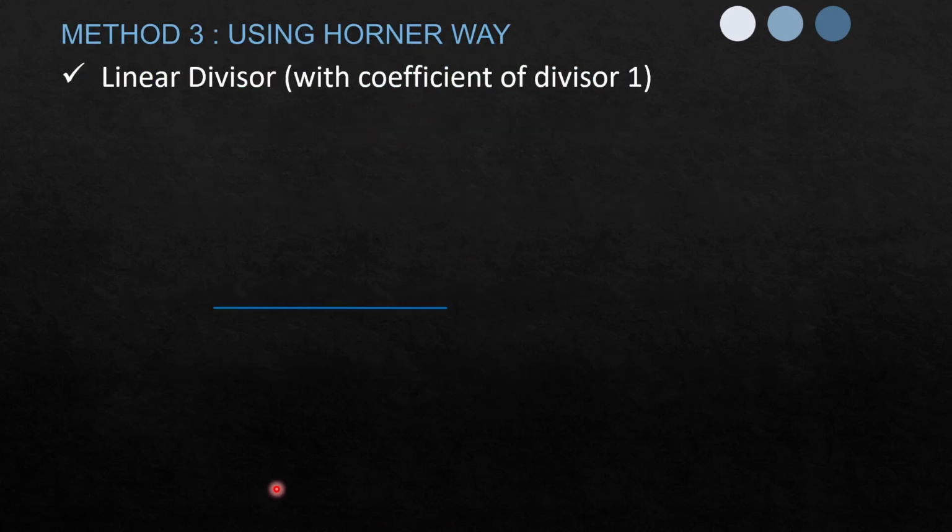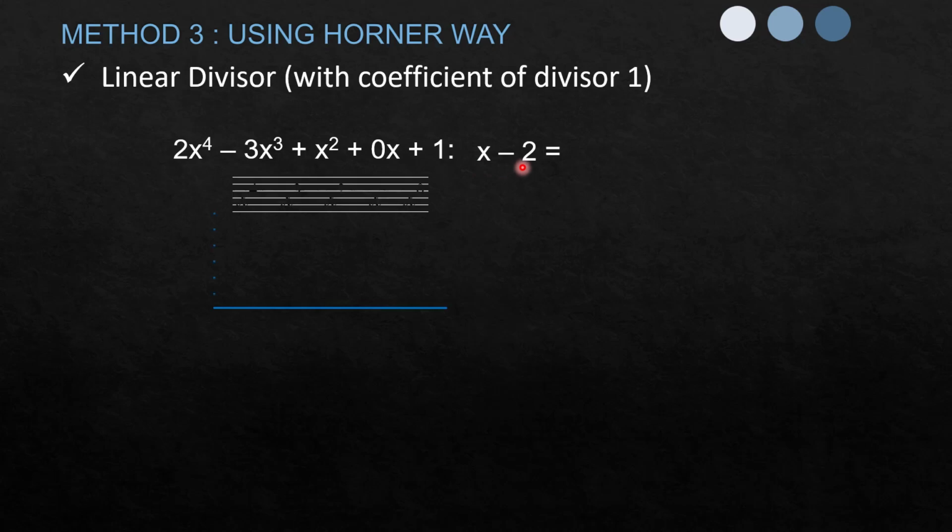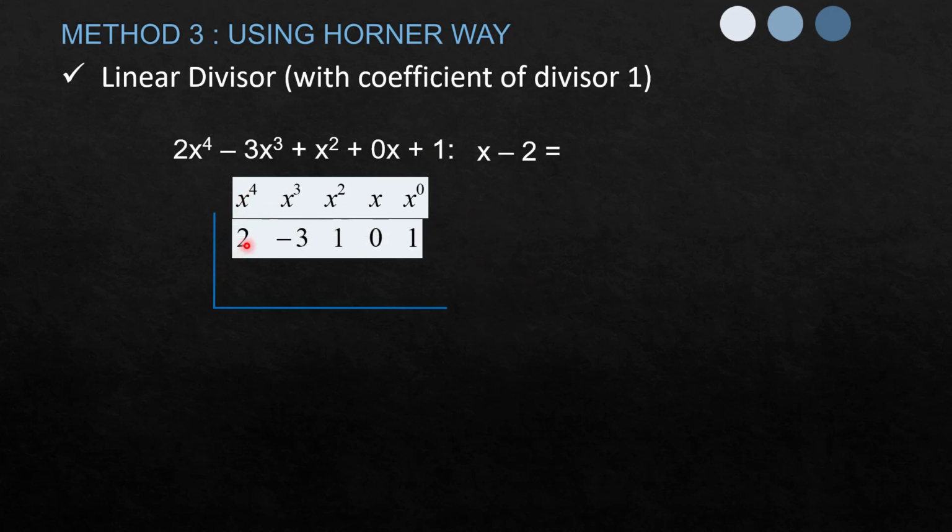So, suppose 2x to the power of 4 minus 3x cubed plus x squared, in here we have the coefficient of x is 0, added with 1, divided by x minus 2. So using HORNER way, we will take out all of the coefficients from the function and list them in here below the correct variable. So we have 2, negative 3, 1, 0, and 1.